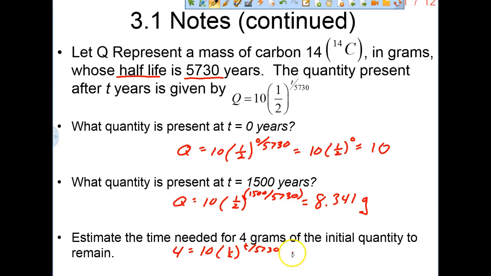And so now we're thinking, all right, well, what does T have to be? Well, T is going to have to be larger than 5,730. Why? Because 4 is less than 5, right? 4 is less than half of 10. So then we can start plugging numbers in to see what works. So we can plug in 6,000, 6,500, 7,000, right, and see which one gets us close.